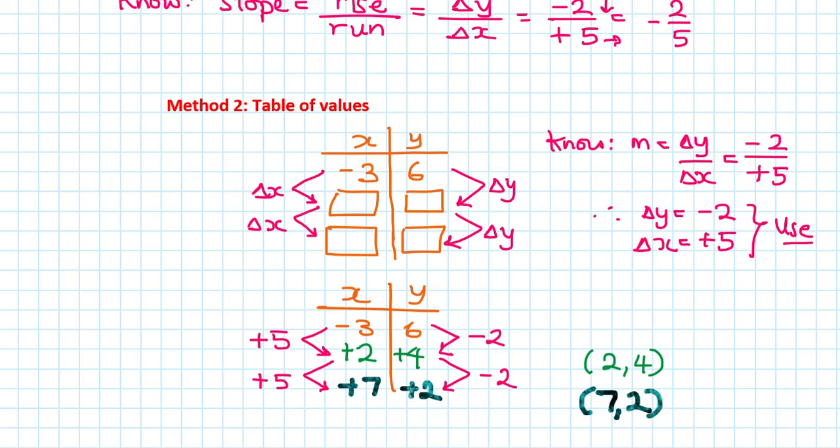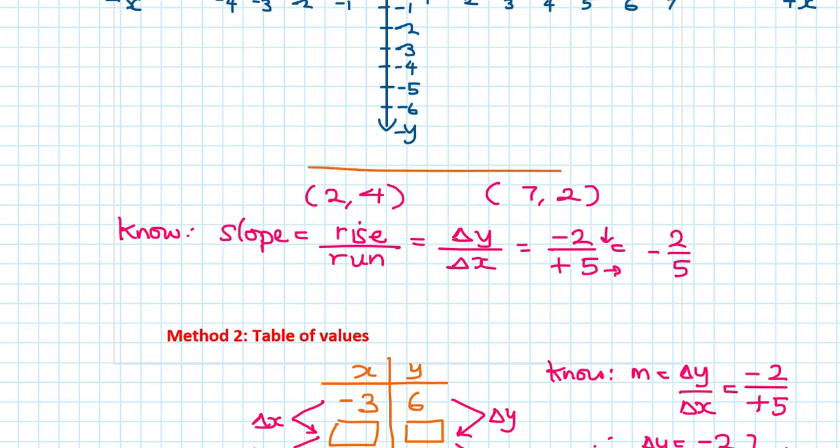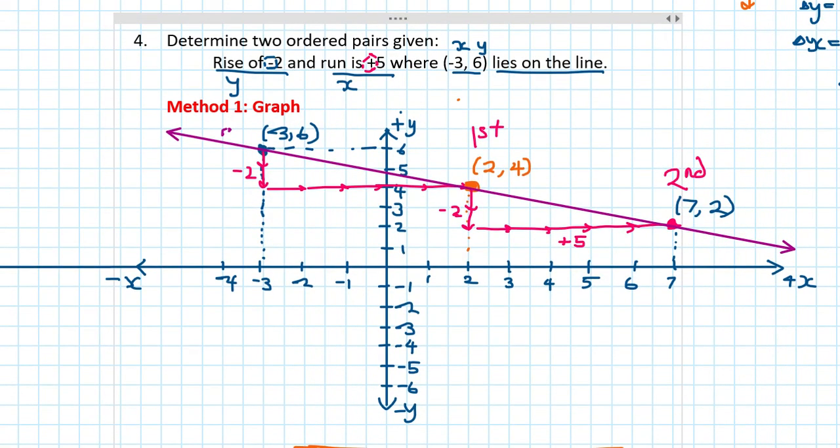So this is the answer to both strategies, and this is actually related to the same thing which we did at the top for method 1, where we found our 2 ordered pairs. So that is about it for this particular video concerning how to strategize in solving problems involving finding ordered pairs, first using the graphical method, where we actually follow the steps on the graph.